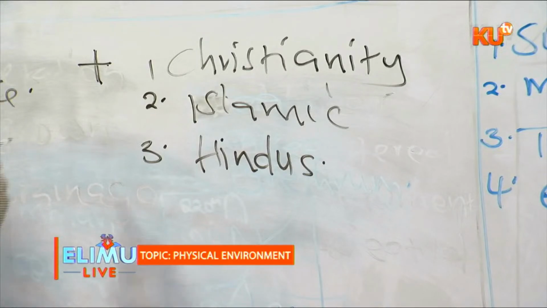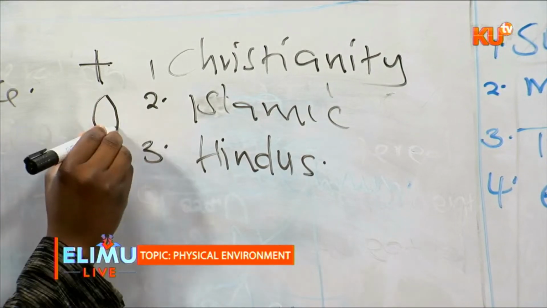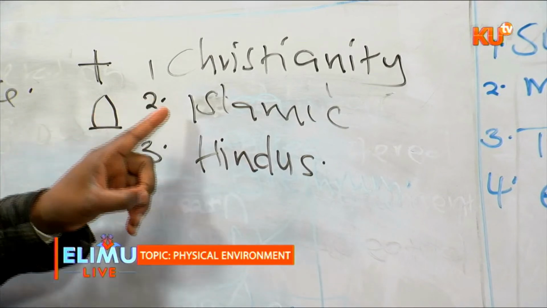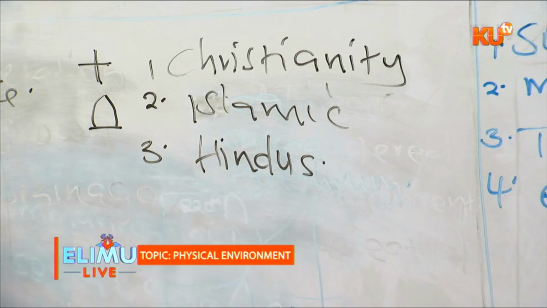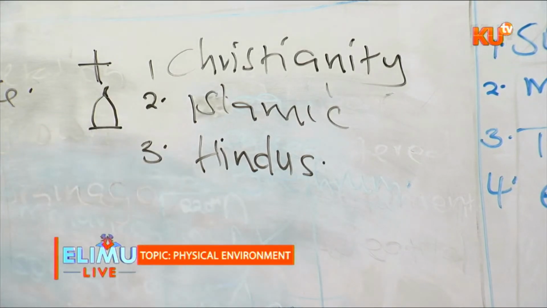And we have those who worship mostly on Sunday and those who worship on Saturday, especially the SDA, mark that one. Then you must know the dominant or predominant religion in the area or the place of worship. This one is the mosque. The sign of the mosque where the Muslims worship is mostly indicated by this, and you must be able to read those symbols and understand them well.